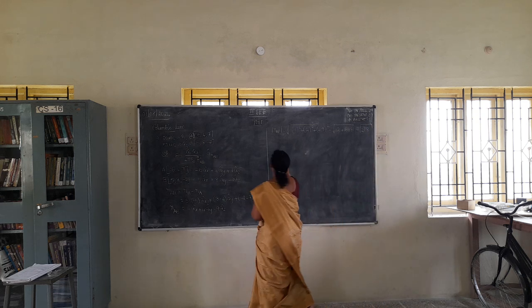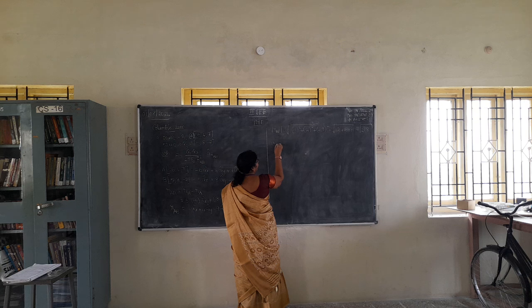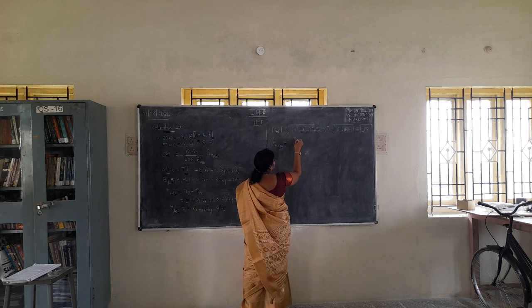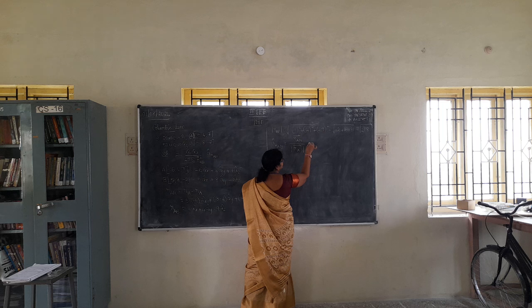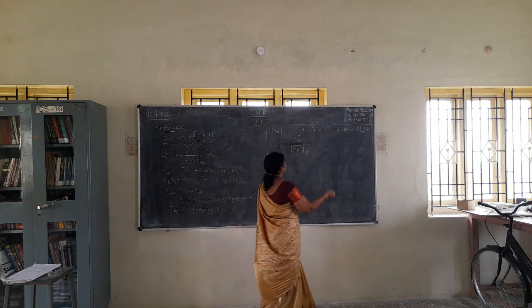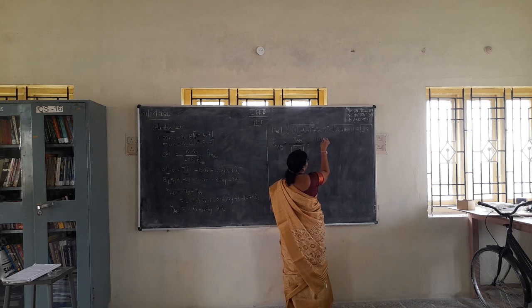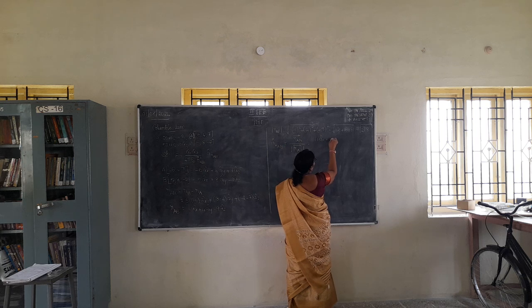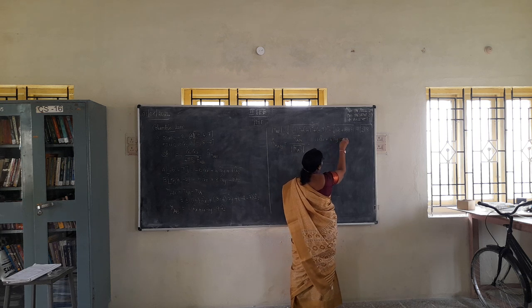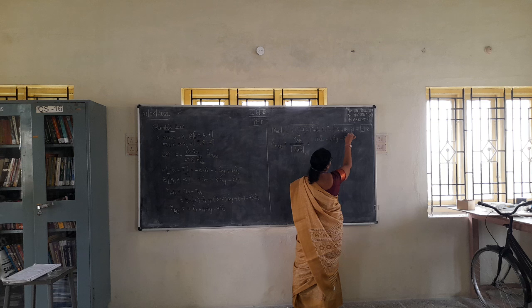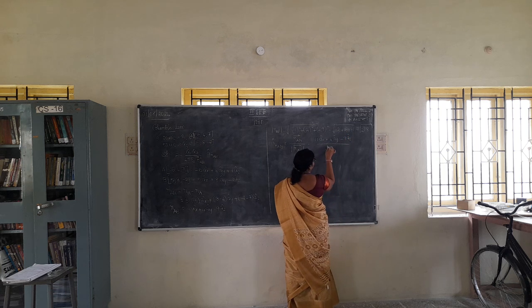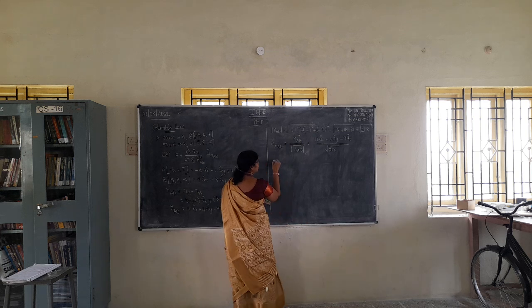Next, find the unit vector A RAB cap. Its value is the RAB vector divided by the modulus of RAB: 11 ax vector plus 4 ay vector minus 9 az vector divided by root of 218.